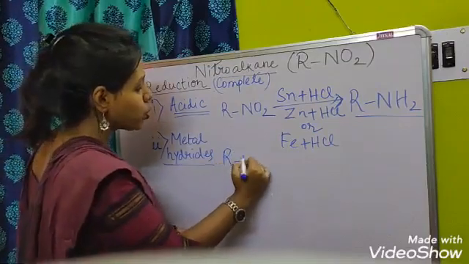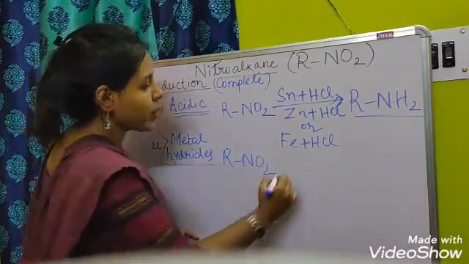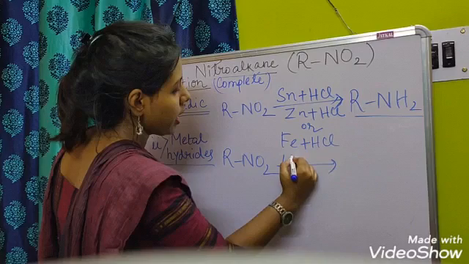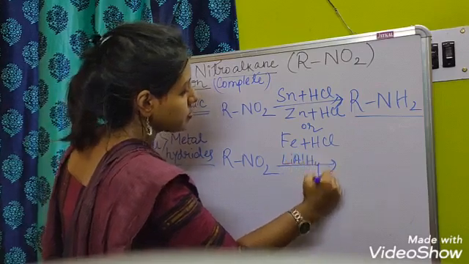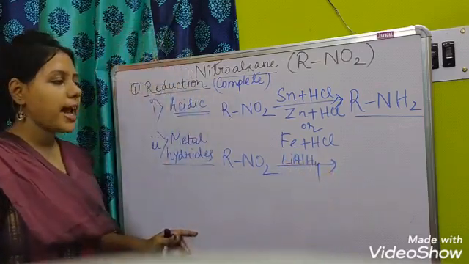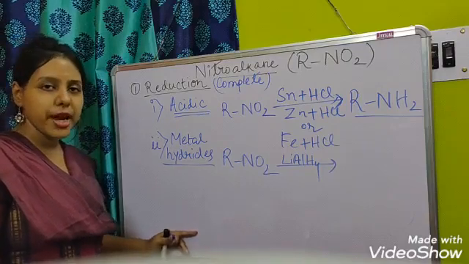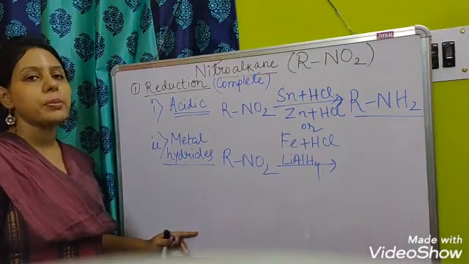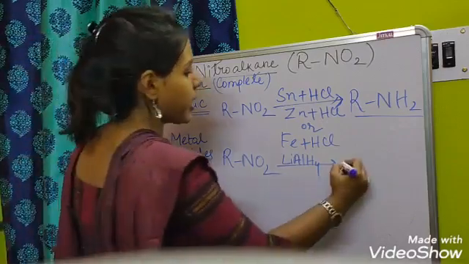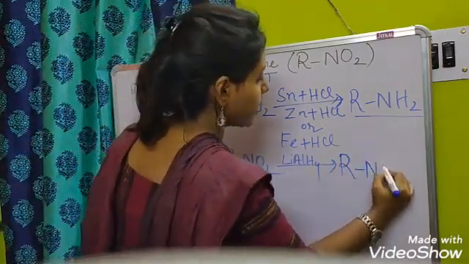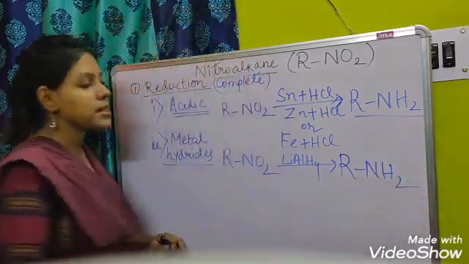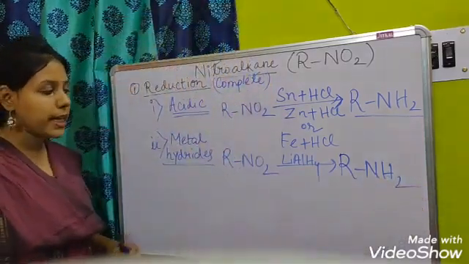So RNO2, here we are adding lithium aluminium hydride, LiAlH4. So again there will be one complete reduction, and primary amine will again be formed from here. So that is RNH2. Clear?